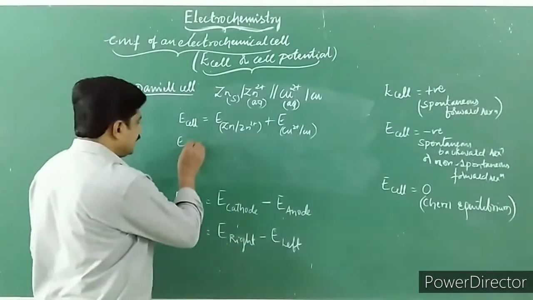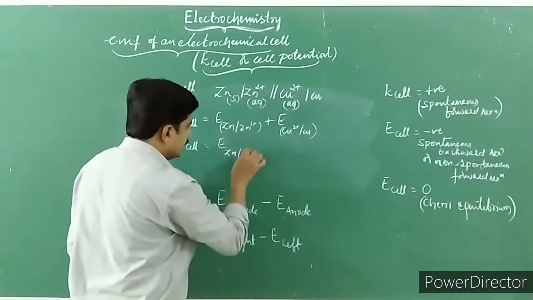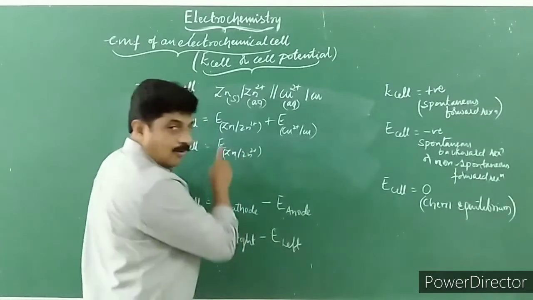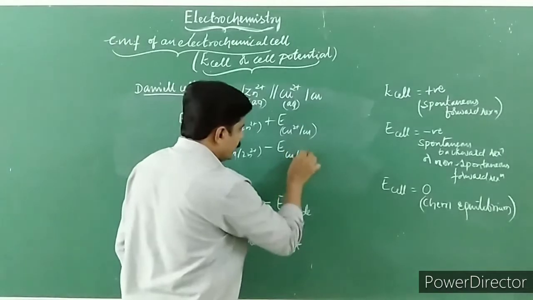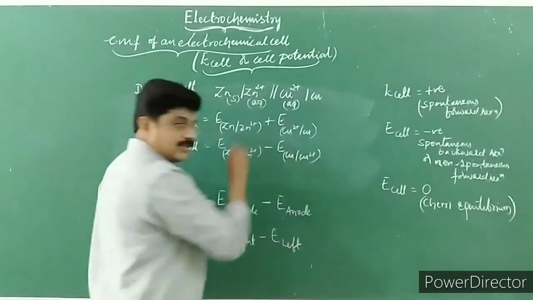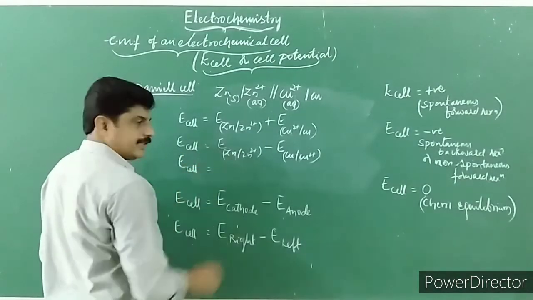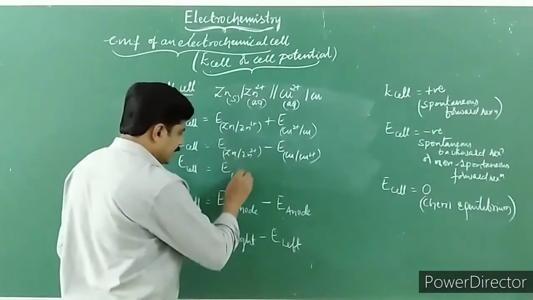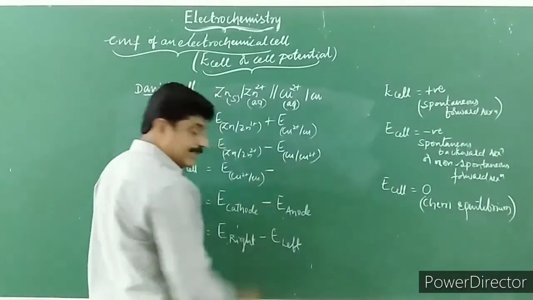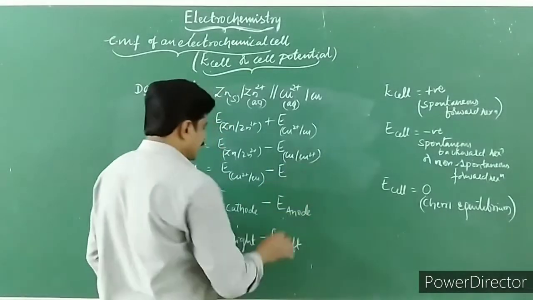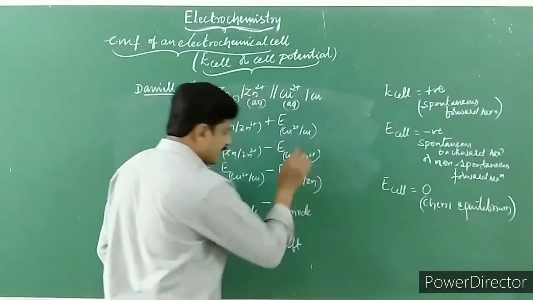Now similarly, I can write E cell is equal to E Zn2+|Zn oxidation potential of zinc minus E Cu2+|Cu oxidation potential of copper. And the most commonly used: E cell is equal to E Cu2+|Cu reduction potential of copper minus E Zn2+|Zn reduction potential of zinc.